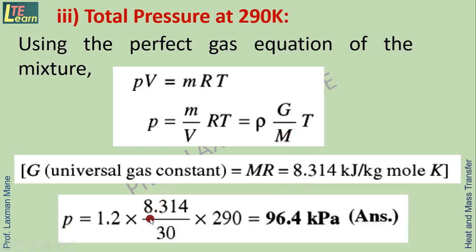So here P is equal to rho, the density of the mixture, times the gas constant, divided by the molecular weight of the total mixture, into the temperature in Kelvin. So we find this pressure. Now as the input of G is in kilojoule per kg mole Kelvin, the pressure comes in kilopascal. So we find this pressure in kilopascal for the temperature value, which is here.